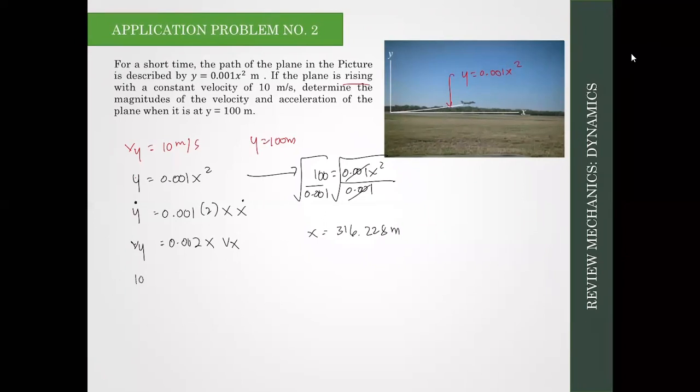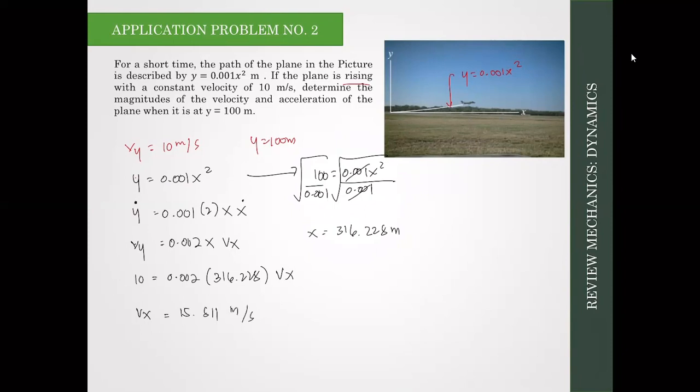So, this will be 10 is equals to 0.002 times 316.228 times Vx. So, makukuha natin ngayon yung value ng Vx. Okay? Then, divide 0.002 times 316.228. That is 15.811. Okay? Ito ay meter per second.